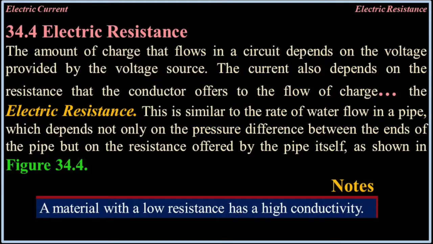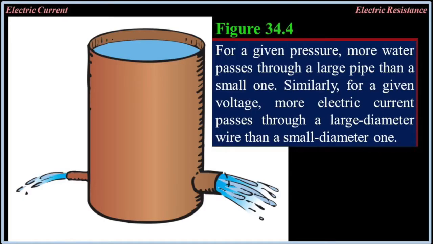A material with a low resistance has high conductivity. For a given pressure, more water passes through a large pipe than a small one. Similarly, for a given voltage, more electric current passes through a large diameter wire than a smaller one.